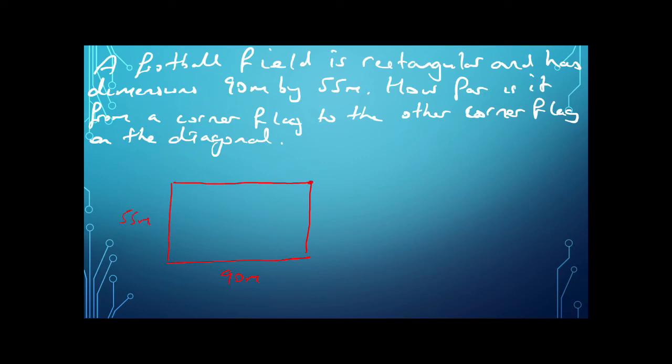And we're being asked to find the length of the diagonal from one corner flag to the other. Okay, this is a Pythagoras question because we have a right angled triangle. This is 55 and this is 90 meters. And we're being asked to find the length of the diagonal.